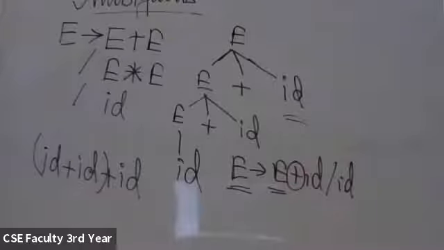Next point is, if the grammar is right recursive, then the operator will be right associative.